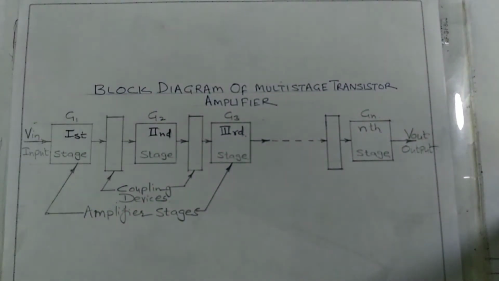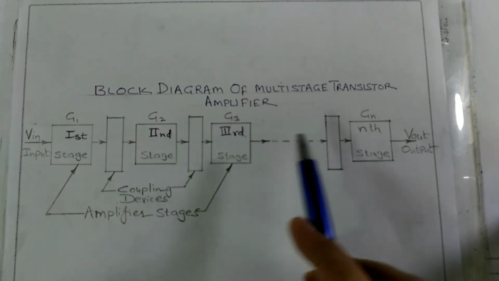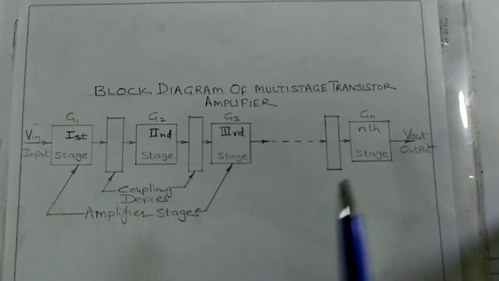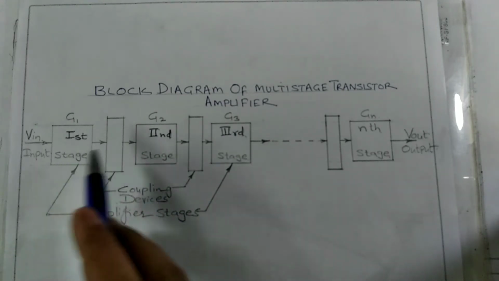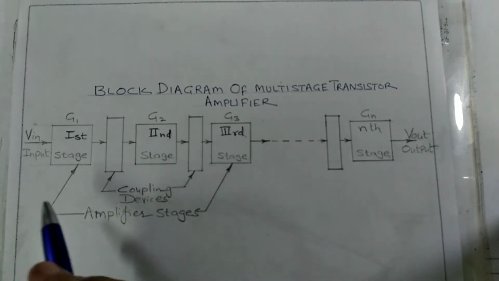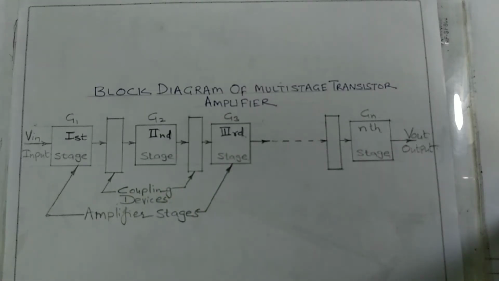A multi-stage transistor amplifier has multiple amplifier stages. Here we can see stage 1, the first stage, second stage, third stage, and up to the nth stage, which are connected to each other, or cascaded, with the help of coupling devices connected in between them.